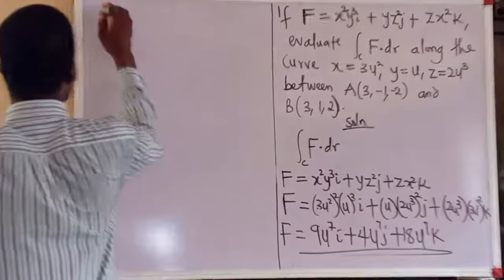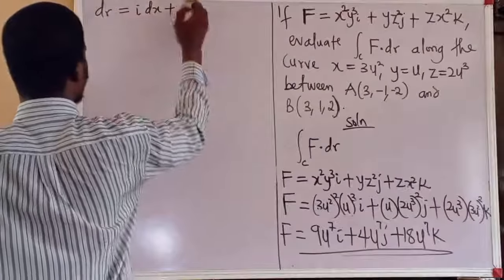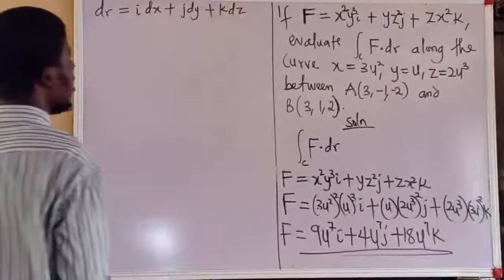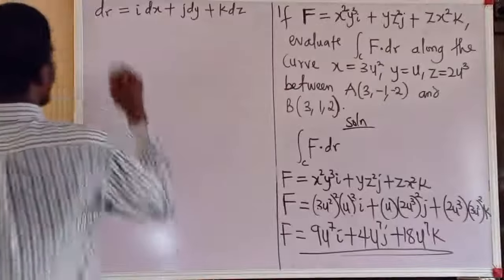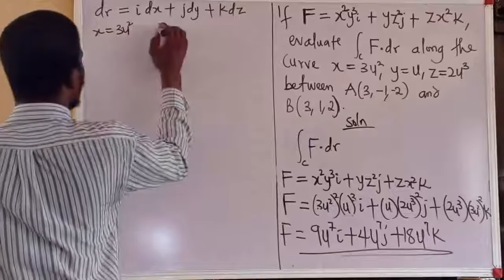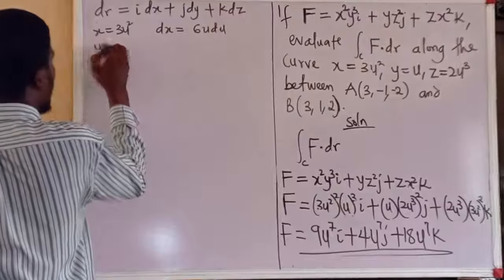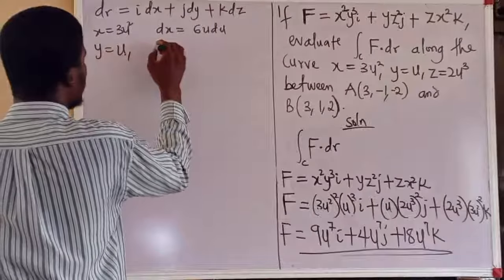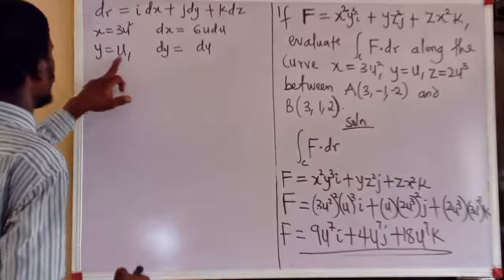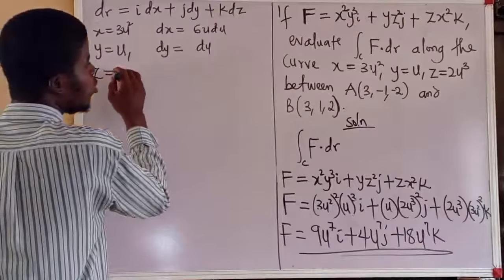Now, what is the arrow? The arrow is i dx plus j dy plus k dz. So what is the x? What is the y? What is the z? X is 3u squared. So dx is equal to 6u du. Y is u. That means dy is what? Differentiate u with respect to u, that's 1 du. Z is what? 2u cubed.